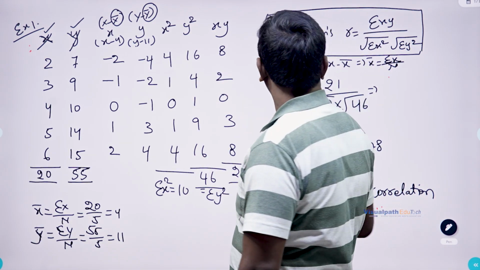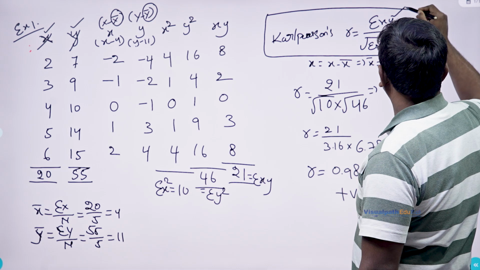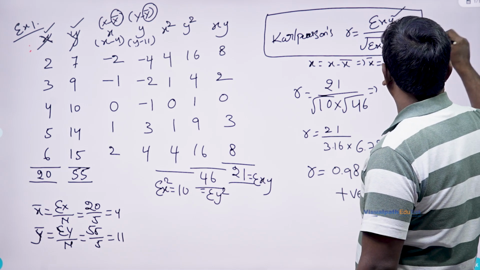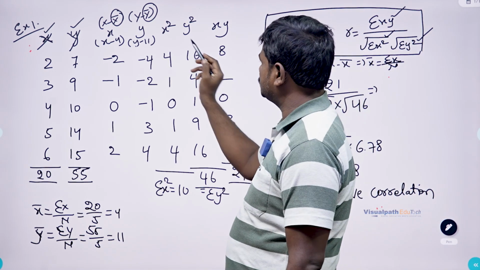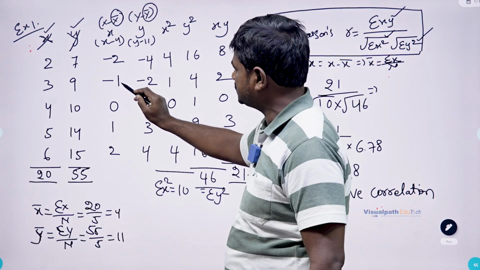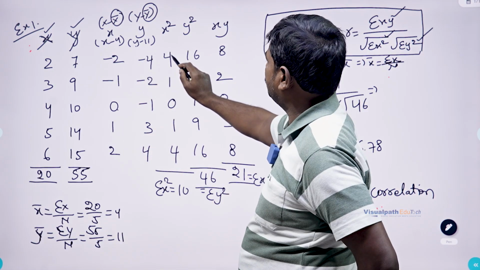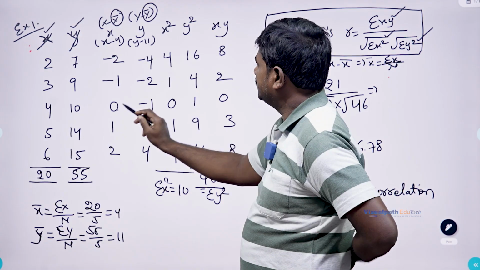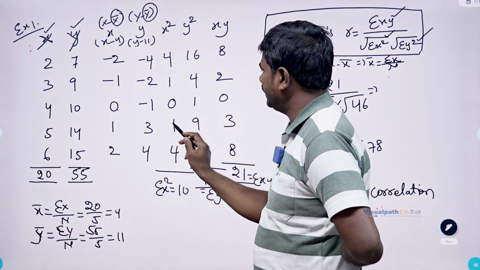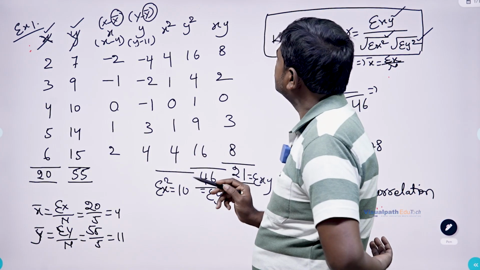Then we need to calculate, according to the formula, sigma xy, sigma x square and sigma y square. For this purpose, x square: what are the small x values? -2, -1, 0, 1, 2. We need to square all these values. -2 square 4, -1 square 1, 0 square 0, 1 square 1, 2 square 4. Similarly, y square.